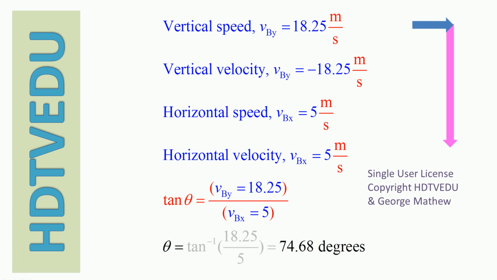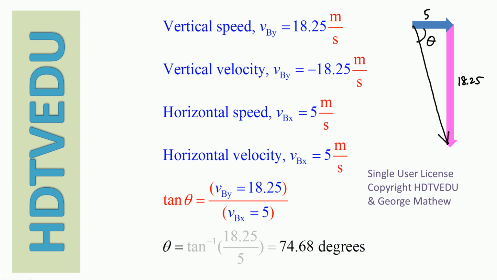To find the angle of the vector, now we know that at point B, the x velocity is 5. The y velocity is pointing down, and it is 18.25. You join these 2 points and measure this angle. And that is theta.